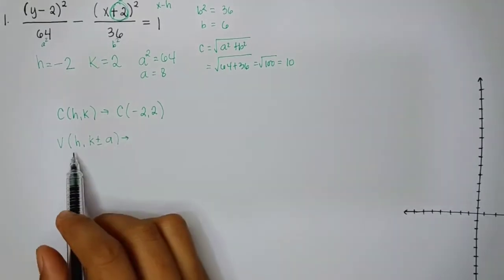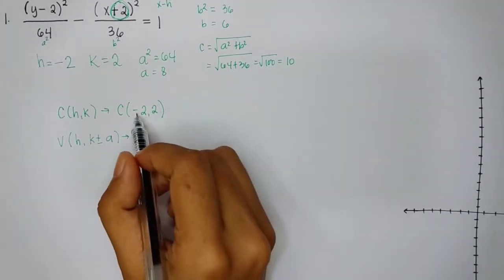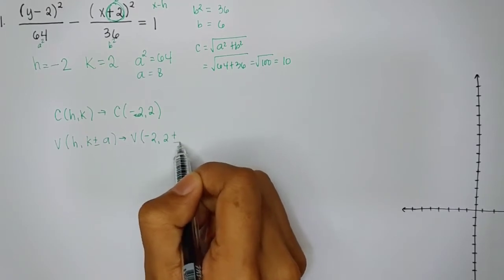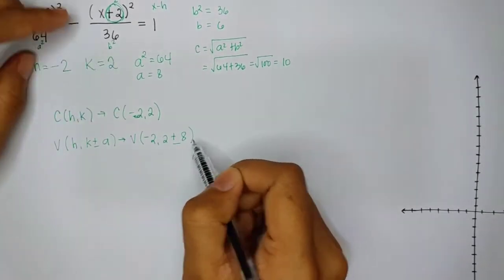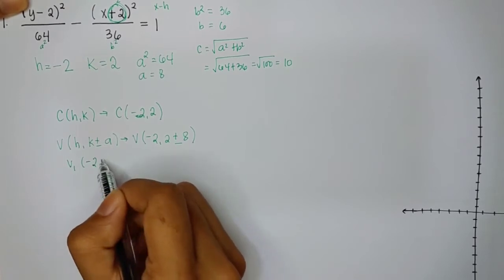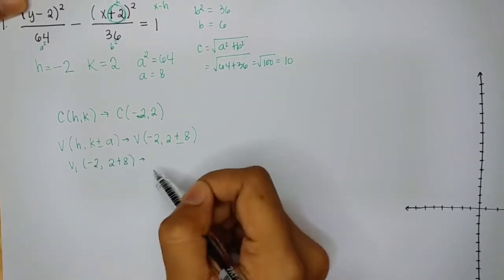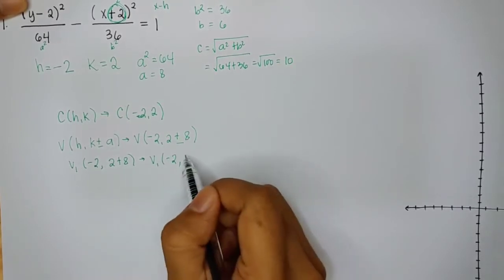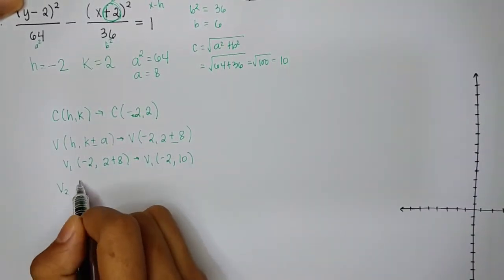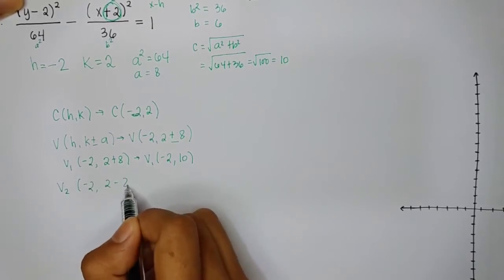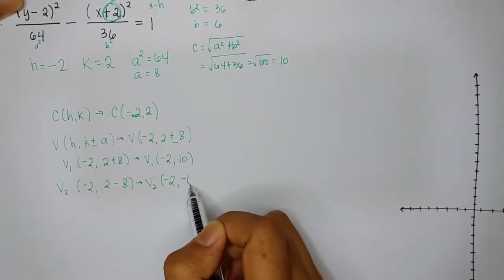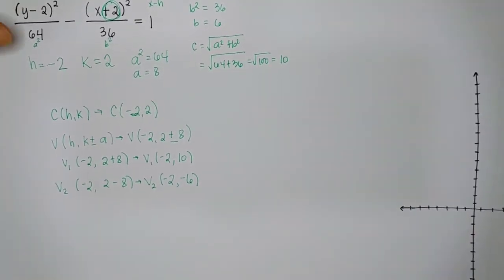With our h being negative 2, k being 2, and a being 8, our V1 is (negative 2, 2 plus 8), that is (negative 2, 10). Then our V2 is (negative 2, 2 minus 8), that is (negative 2, negative 6). Okay, we are done with our vertices.